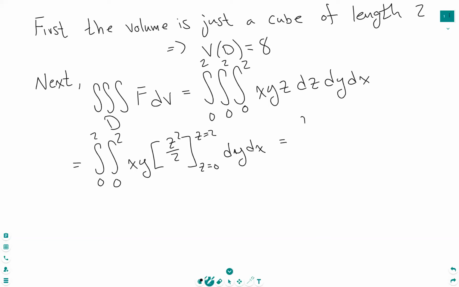Or this is our same two outer integrals, 0 to 2, 0 to 2, of 2 times x times y dy dx.